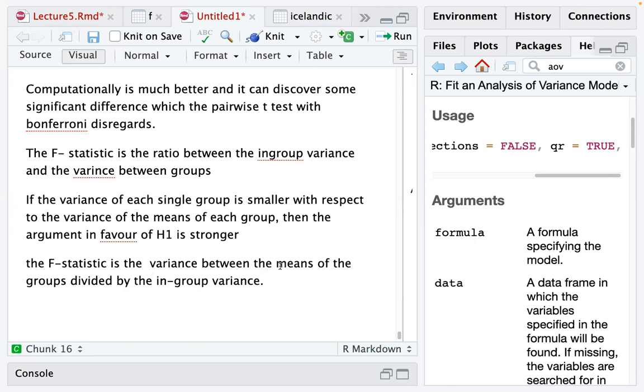Assume that I give you a number of F, F has to be positive. If I give you F equal to 20, what would you say? It is likely that the test will give you that you can reject H0.